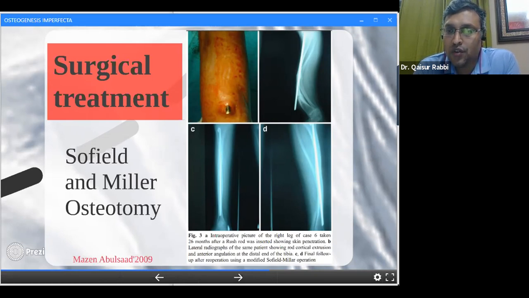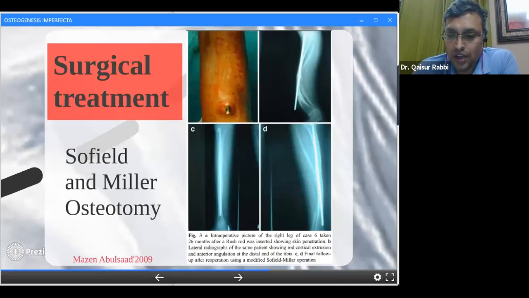If needed, we can rotate the fragmented bone and pass the nail. In this way, we go from one end of the bone to the other end. I'll show you some x-rays and clinical pictures at the end of this slide so that we can be sure about that. Sofield and Miller invented that osteotomy, and it is a well-practiced osteotomy that we usually use in osteogenesis imperfecta.